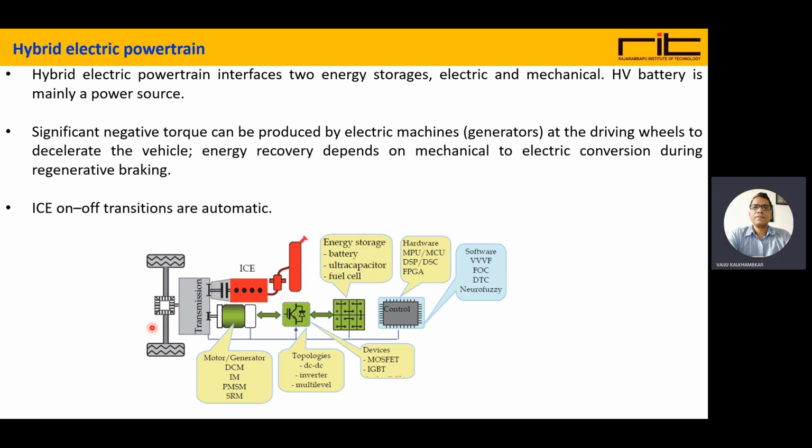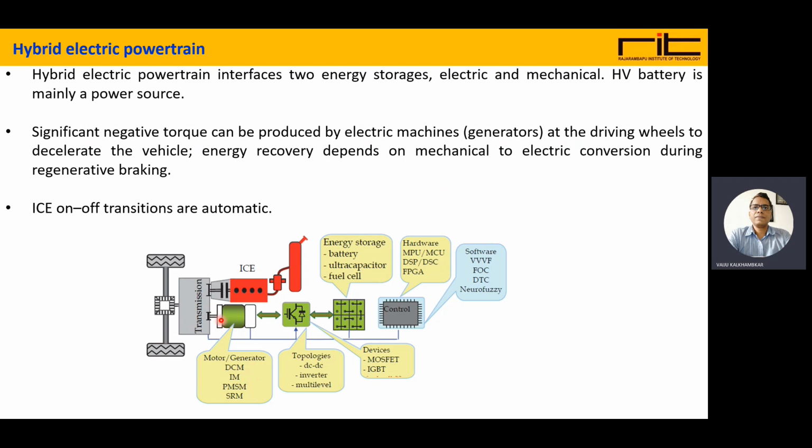In the hybrid electric powertrain, we can see there is the motor or generator. Depending on the type, there can be an induction motor, permanent magnet synchronous motor, or SRM motor, that is a switched reluctance motor. So various types are available and any kind of motor can be used.